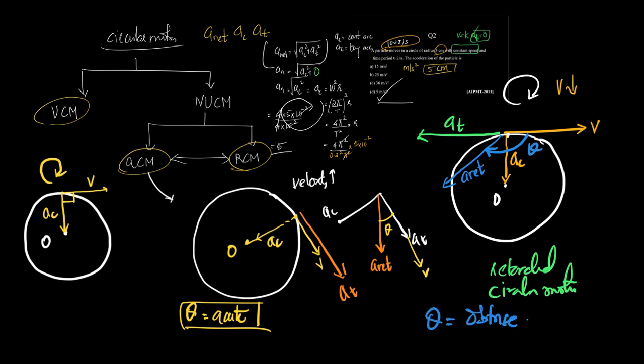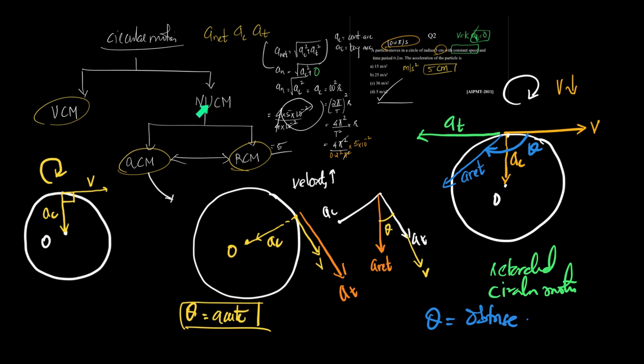So uniform circular motion: no tangential acceleration, only centripetal acceleration. Non-uniform circular motion, accelerated in nature: velocity and tangential acceleration are in the same direction, and the angle made between the net acceleration and the velocity vector is acute.